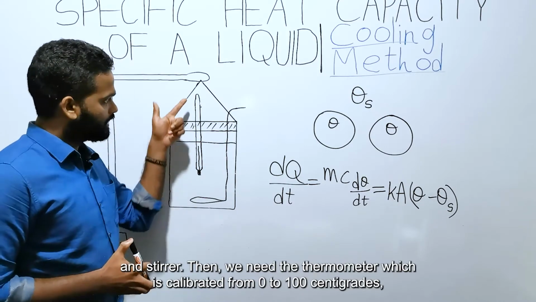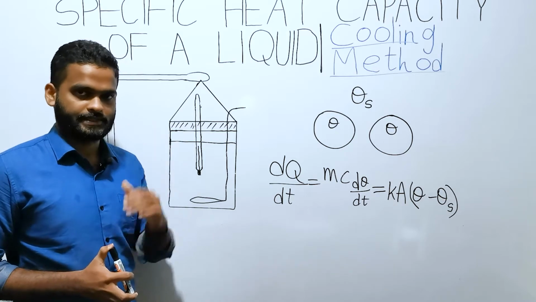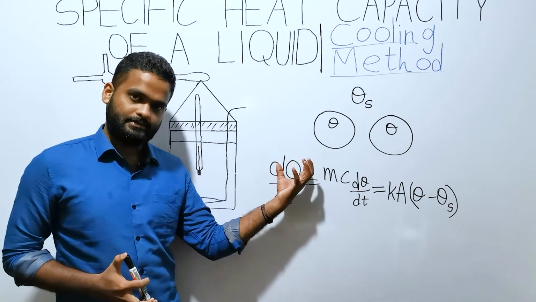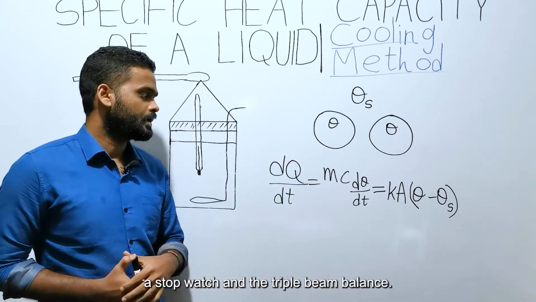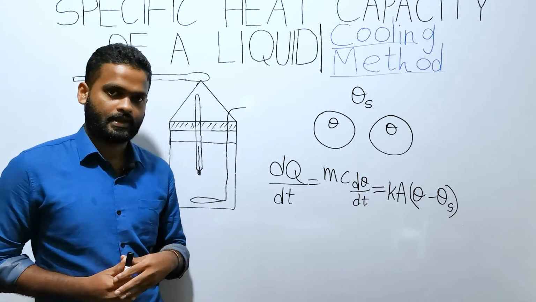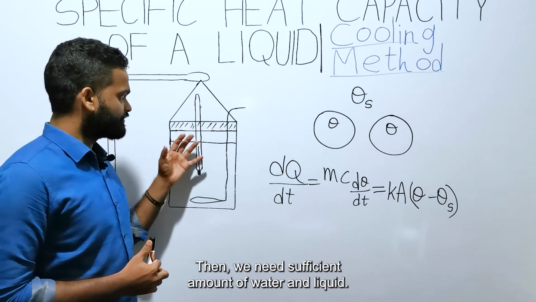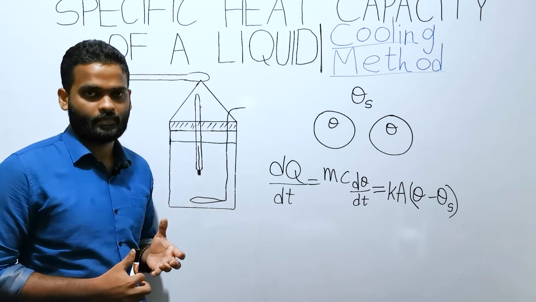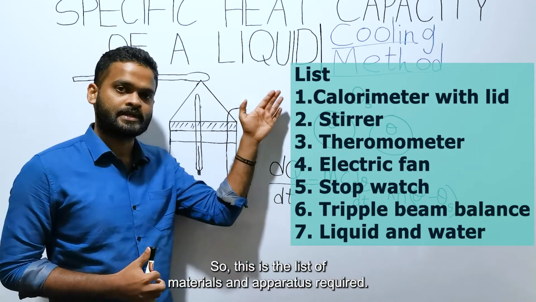Then we need the thermometer, which is calibrated from 0 to 100 centigrades, an electric fan, a stopwatch, and a triple beam balance. Then we need a sufficient amount of water and liquid. So this is the list of materials and apparatus required.